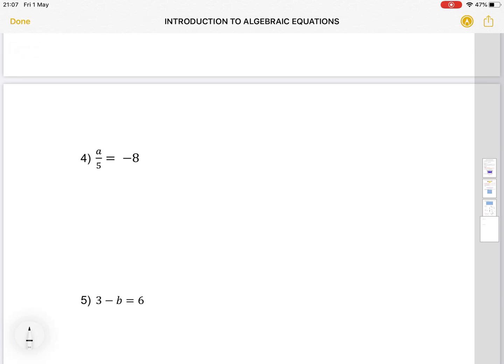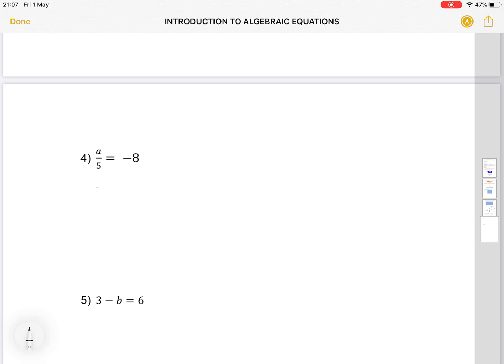Example 4. I need to solve a all over 5 is equal to negative 8. To remove that division by 5, I need to multiply both sides by 5.